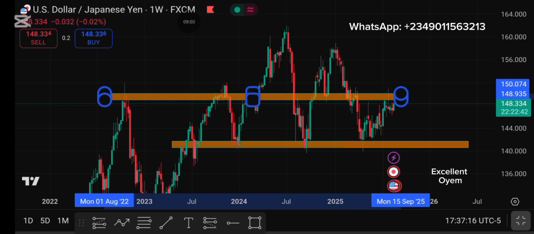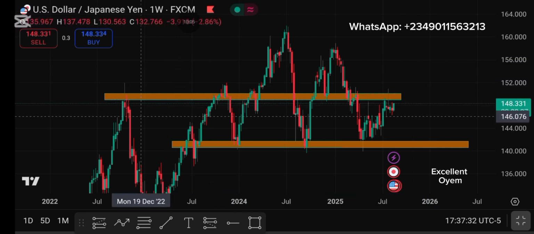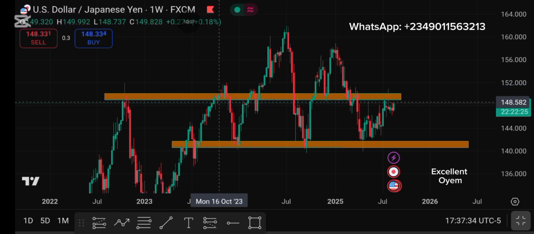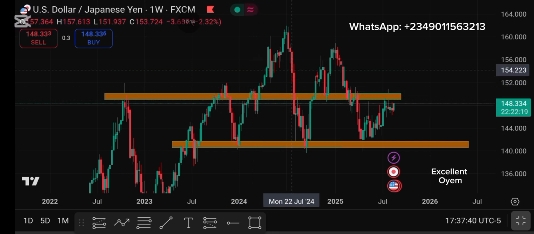Remember, we counted it. So if you watch closely now, you will see that this resistance level had how many touches? Let's go back and count again. 1, 2, 3, it touched and went on to the upside.